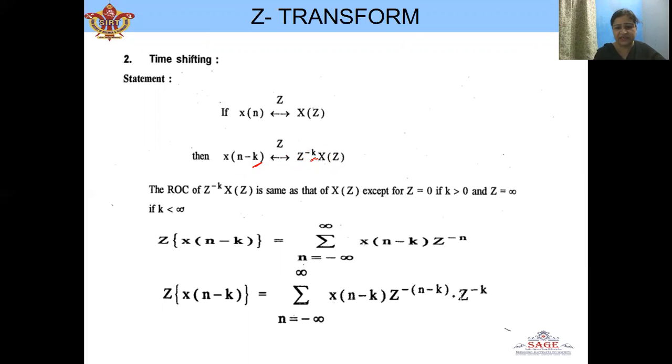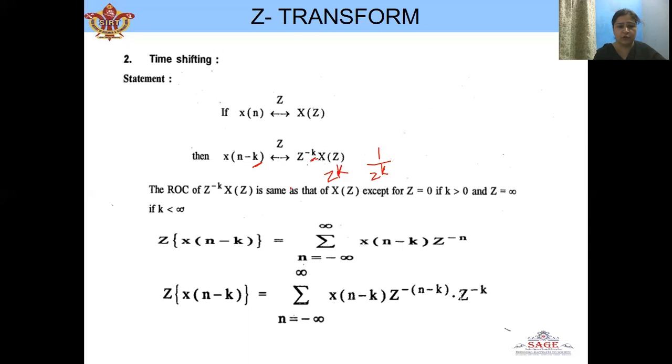Because if k is greater than 0, then z raised to power minus k can be written as 1 upon z^k. So in that case, if z is 0, the whole term will be infinity, so it will not be included in the ROC. And if k is less than 0, then it will be z raised to power k. So in that case, if z is infinity, the whole term will become infinite and it will not be included in the ROC.